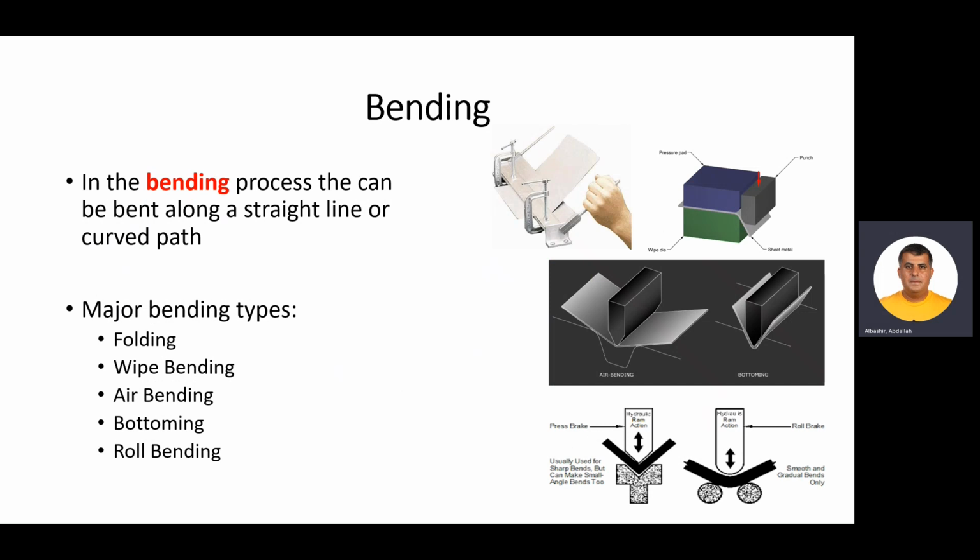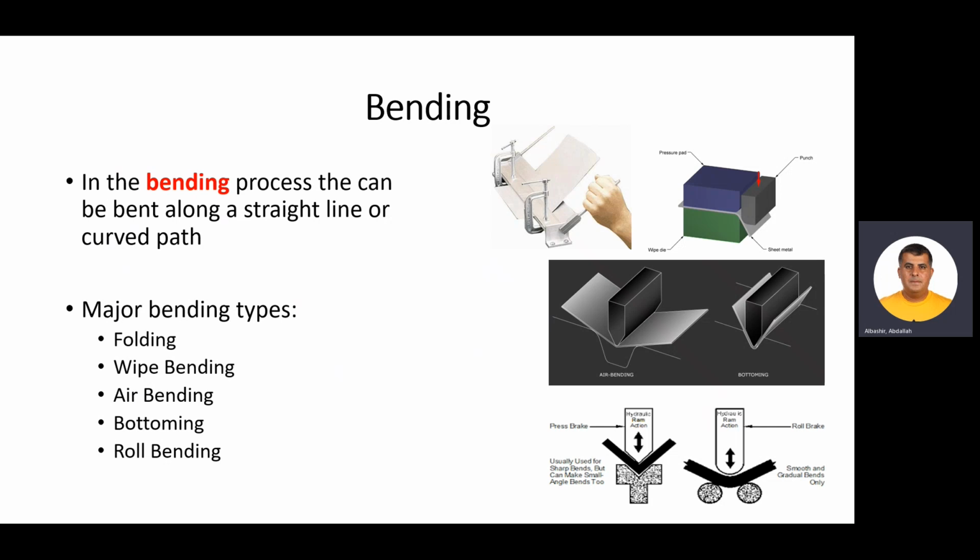The other process is bending. In bending, we make a deformation, an angular deformation. It's not a fracture, but when we start with the sheet, it is flat.